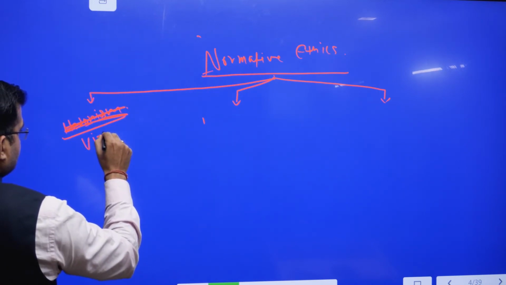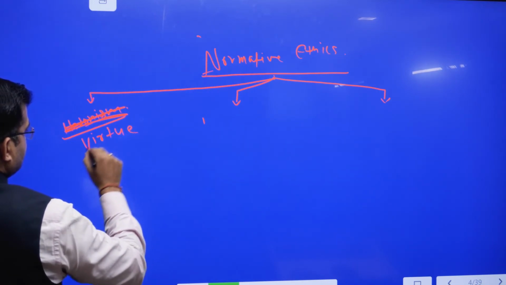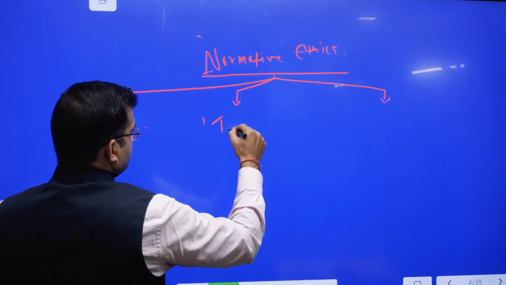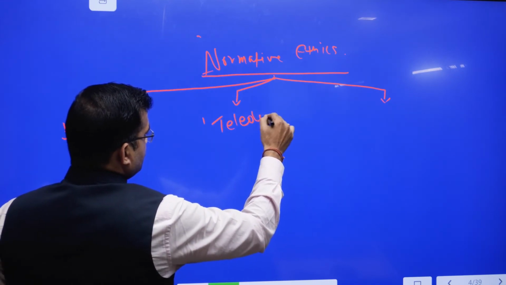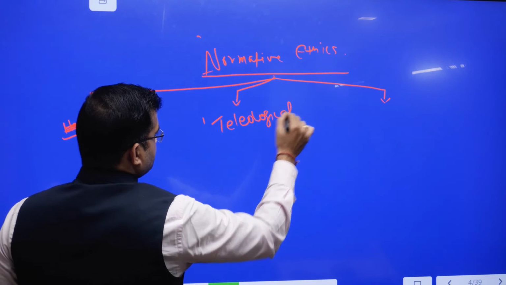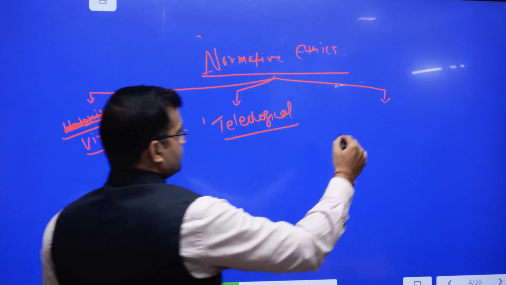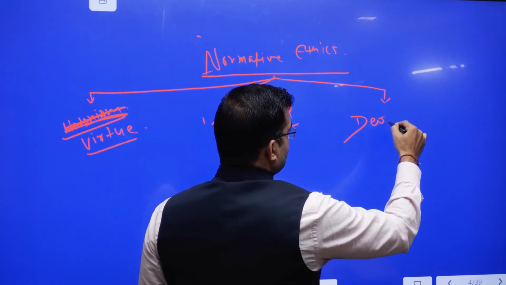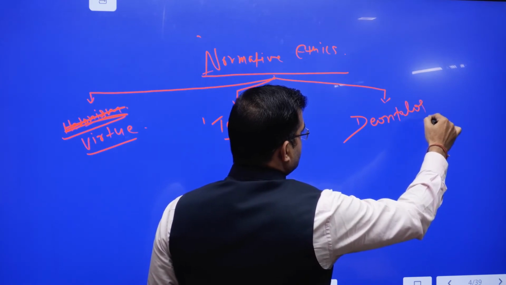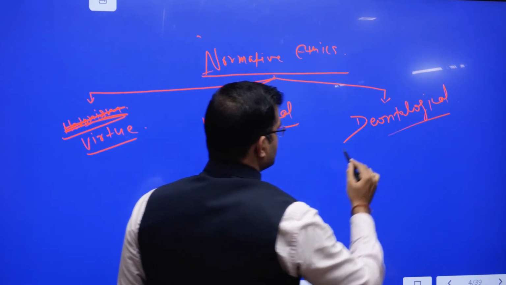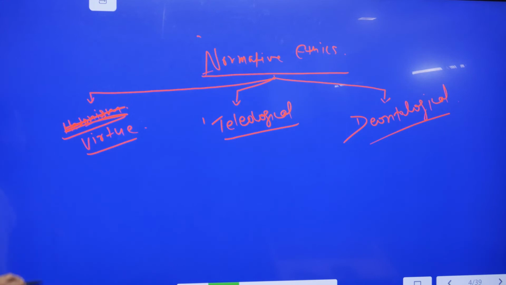So the branches are virtue ethics, teleological ethics, and the third one is deontological. So we have three branches of normative ethics.